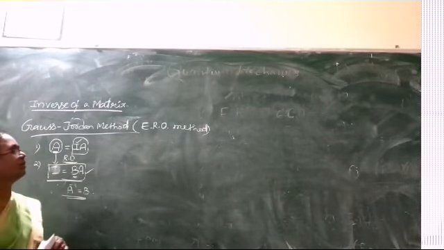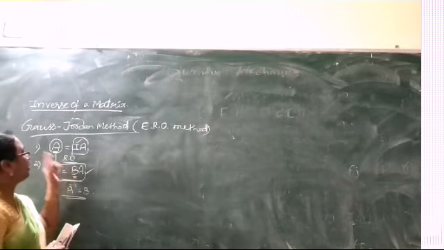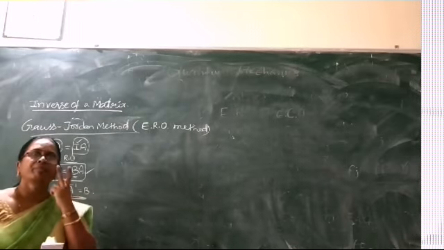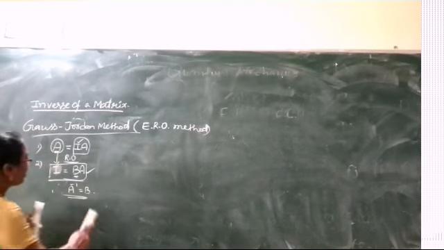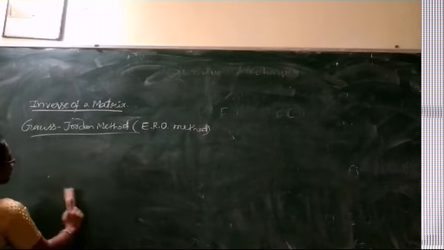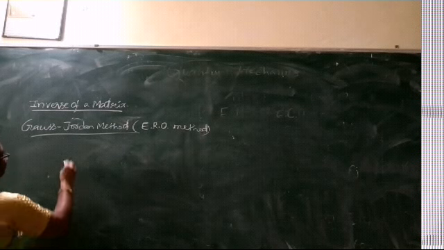So this is called the elementary row operations method, or the Gauss-Jordan method, for finding the inverse of a given matrix. Clear? Yes? So now let me explain by taking an example how to get the inverse.